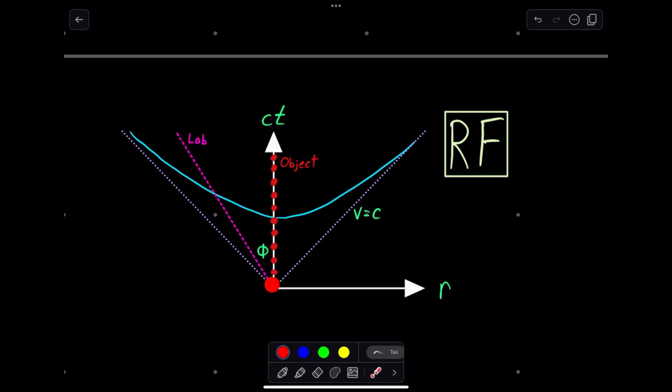But there's some lab frame that, if this isn't moving, then the lab frame is moving away from it. It's co-moving. So say that you want to transform into the lab frame so that the lab will be at rest and the object will be moving.